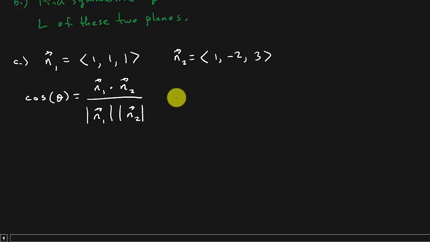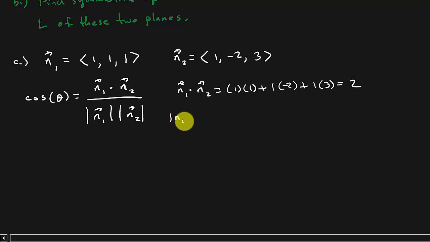All right, so let's find all that. Let's see, the dot product of the two vectors. Well, that's just going to be 1 times 1 plus 1 times -2 plus 1 times 3. And so the dot product is 2. And then I need the magnitude of n1.